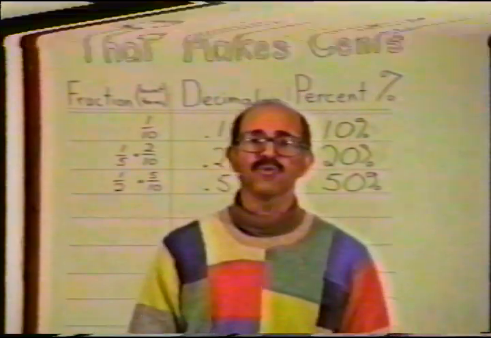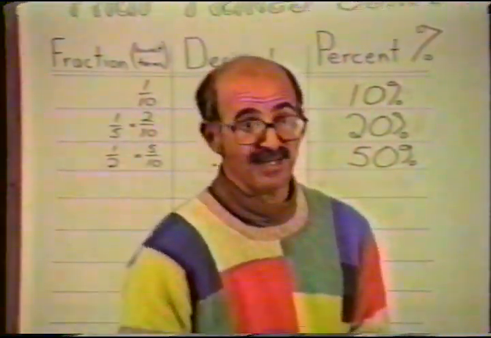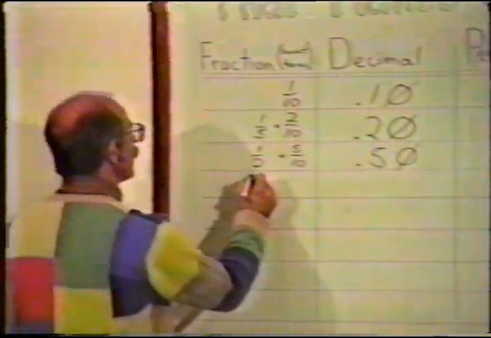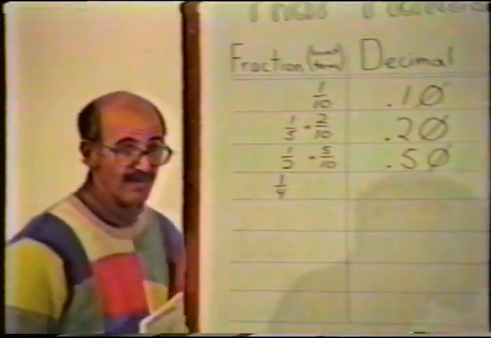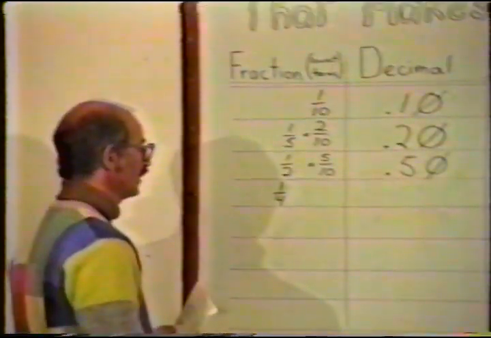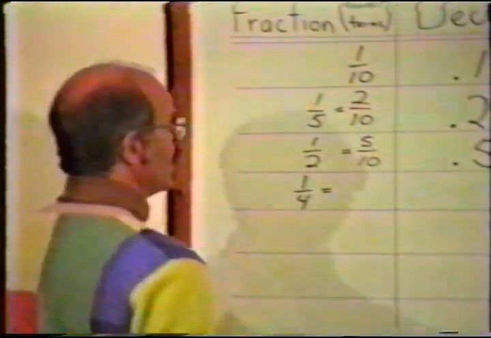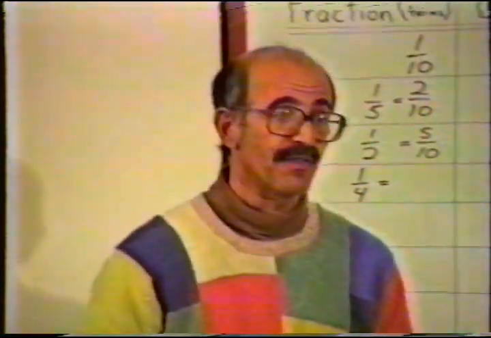Here's a few more percents that you should know automatically. The first one comes from this fraction. Please read that fraction for me. 1/4. I'm going to change that to a fraction that has 10 or 100 on the bottom.